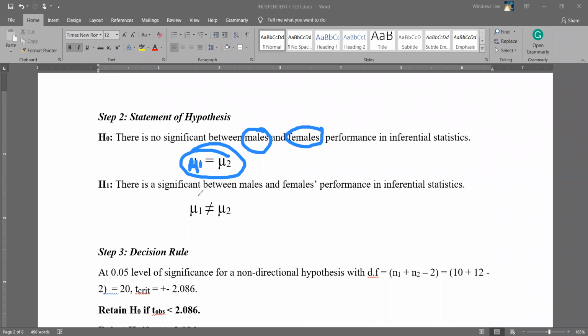Then under H1, we indicated that there will be a difference. So what we are saying is that there's no way population mean 1 and population mean 2 will be what? Equal. So it means mean 1 is not equal to mean 2. All right.